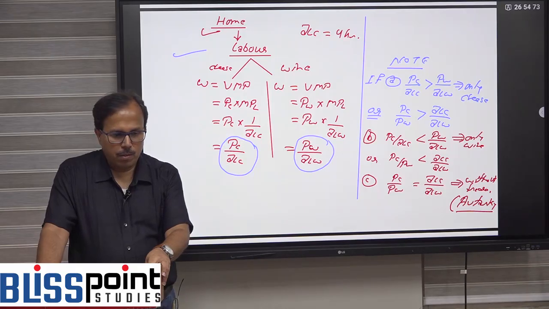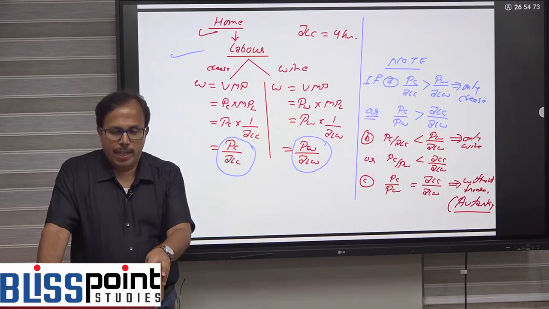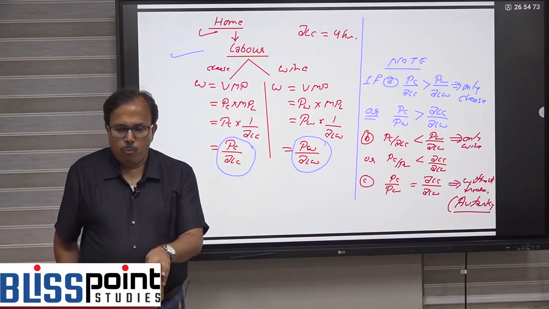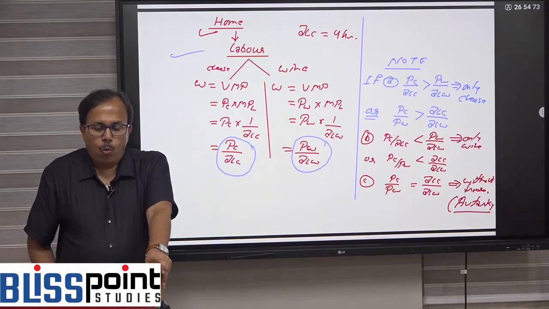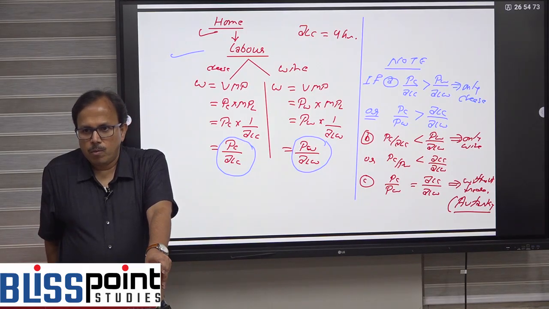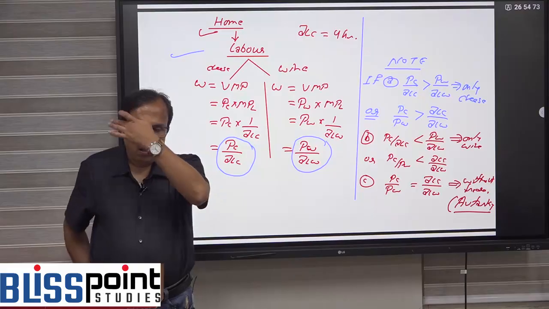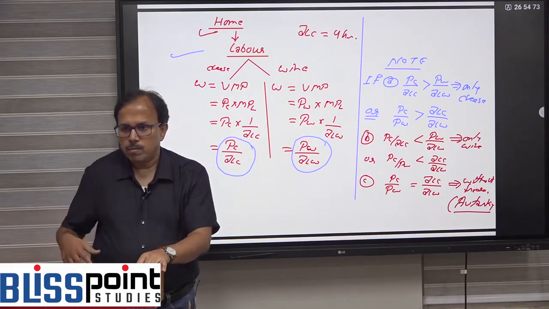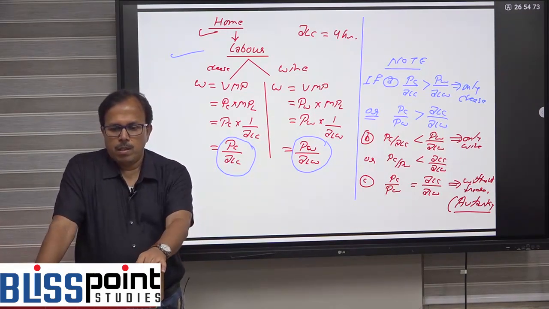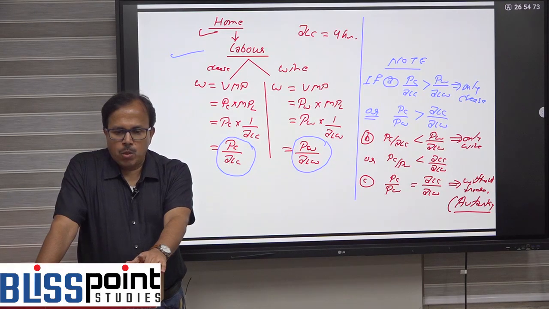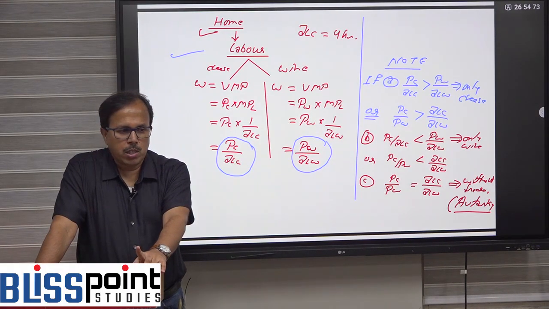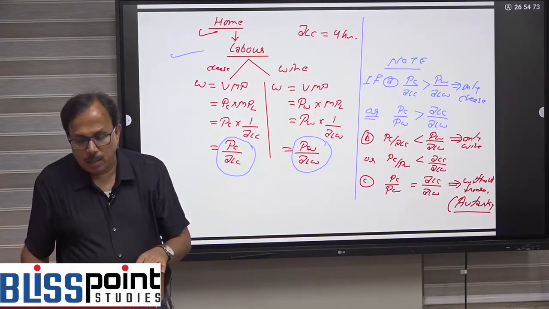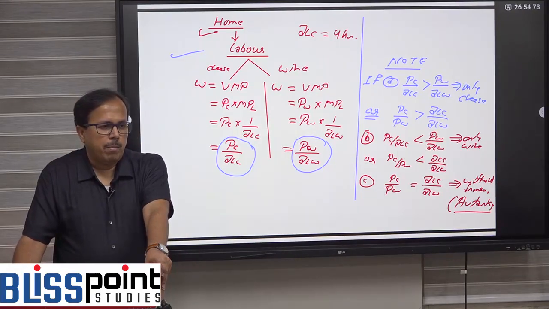PPF only determines what the possibilities of production are. So the actual production point is determined by movement of labor.